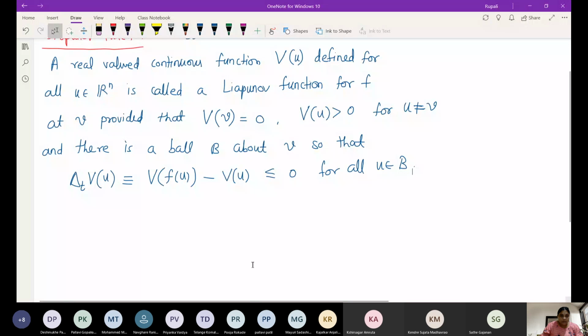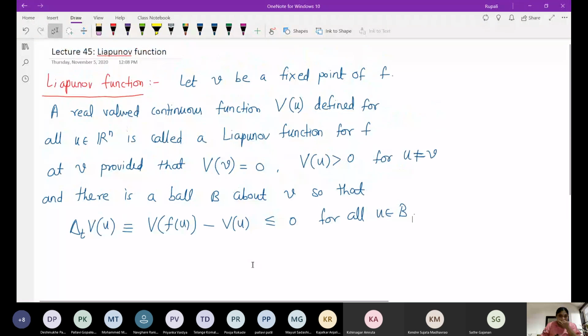Okay, so let small v be a fixed point of f, and a real valued function V at u. What are the domain and codomain of f? f is a function from R^n to R^n. And what is V?